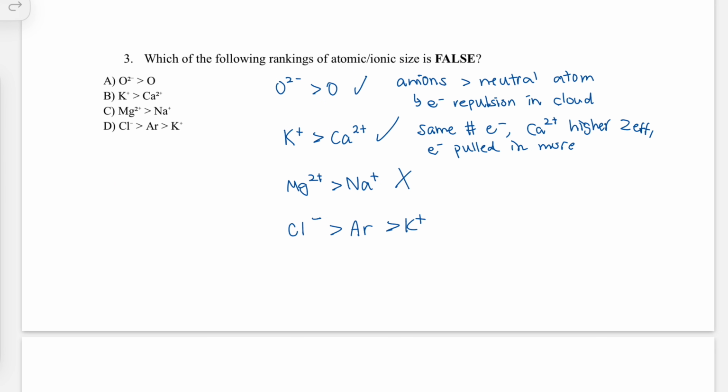So what we're looking at is the number of protons they have, and potassium has the highest effective nuclear charge and chlorine has the lowest. So therefore, it would be the smallest size. So this is C.